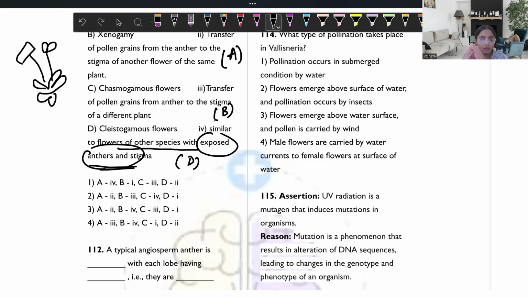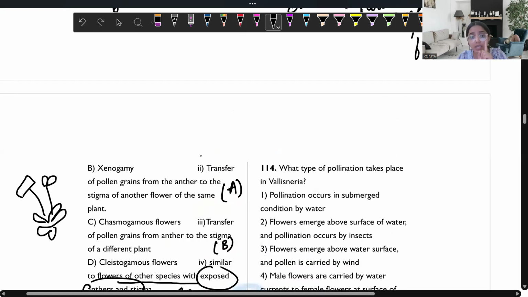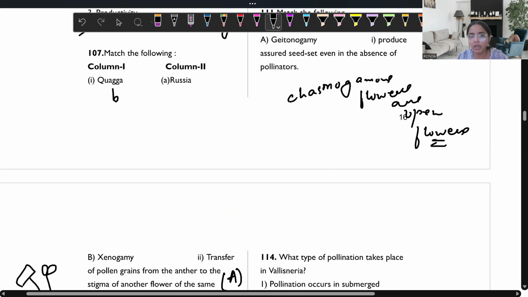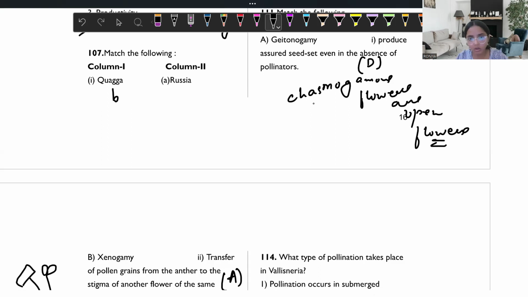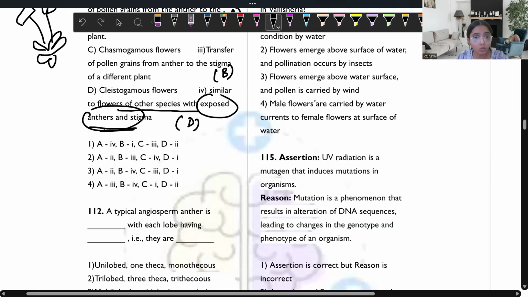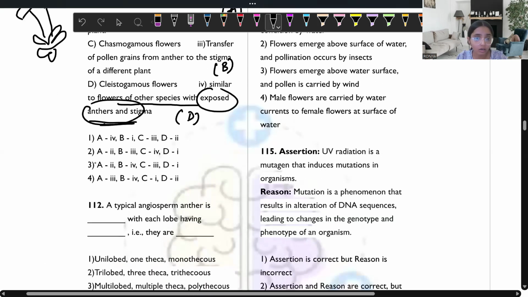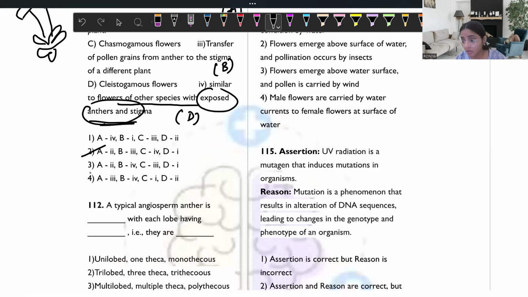That is why cleistogamous flowers produce seed set in absence of pollinators, because they do not require pollinators in the first place. So this is D. It will be A2, B3, C4 and D1. Option 2 is the correct answer to question number 111.